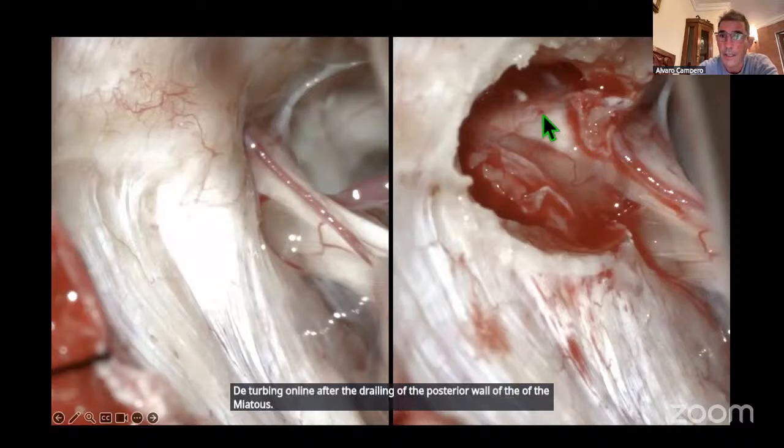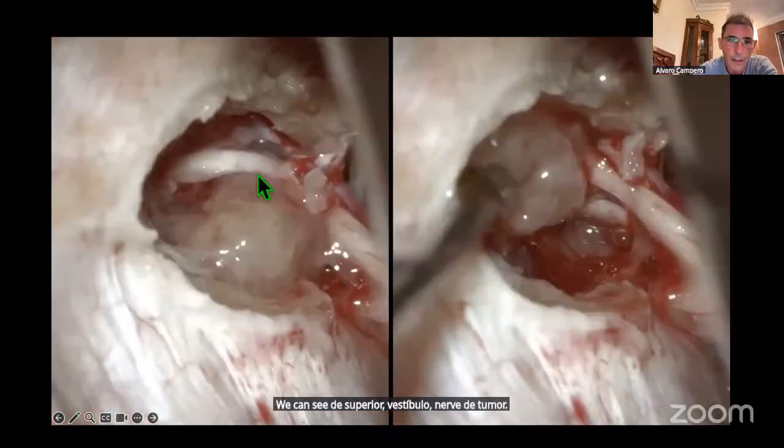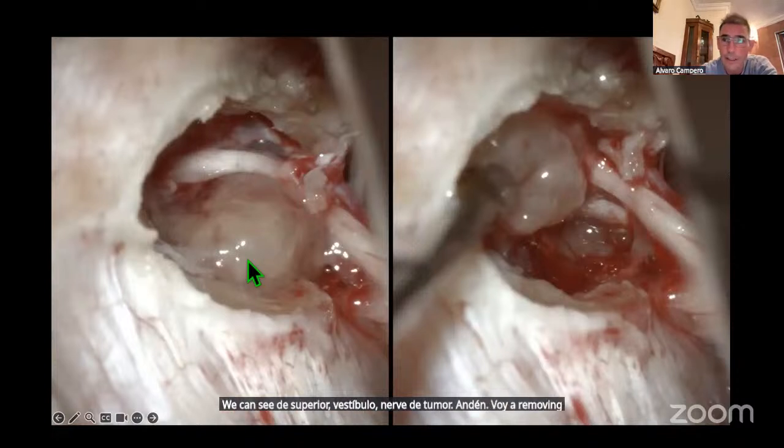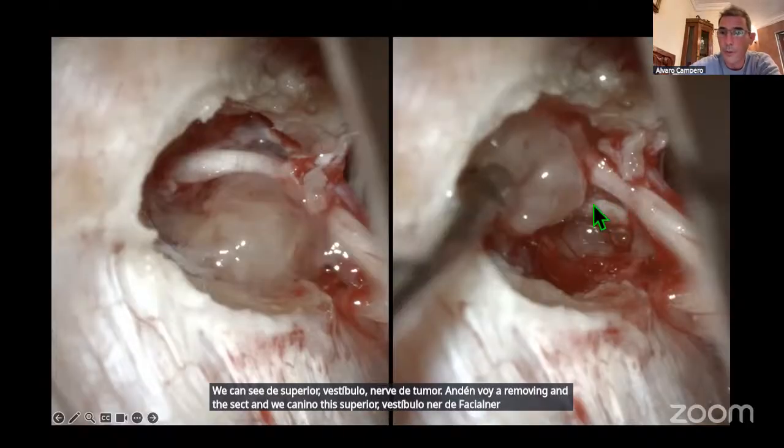We can see the superior vestibular nerve and the tumor, and then we are removing and dissecting the tumor. Now we can see the superior vestibular nerve and the facial nerve, anterior and superior.